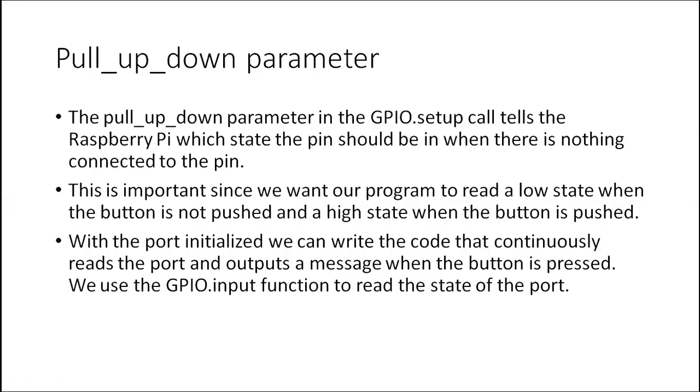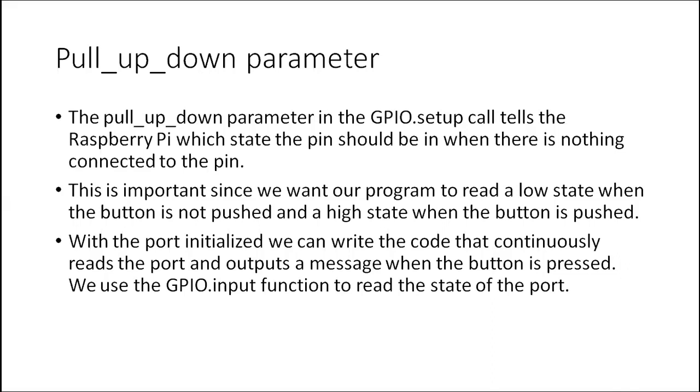So the pull up down parameter is one of the parameters in GPIO setup. GPIO setup is used for setting whether a particular port is input or output, because it is an input output port. One single port can work as input as well as output; it is bidirectional. So we set whether a particular GPIO pin works as input or output by using the setup function.